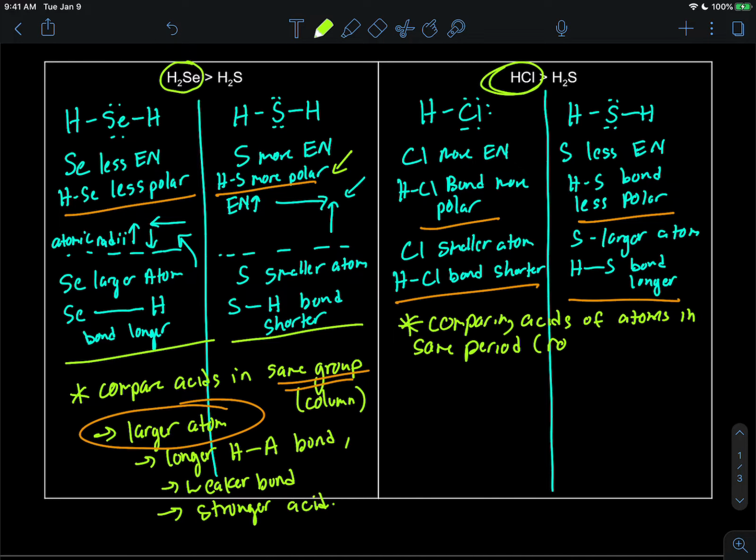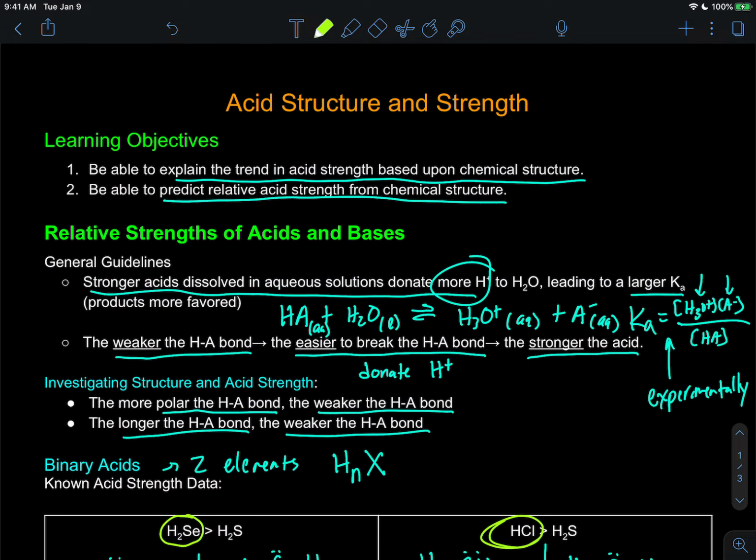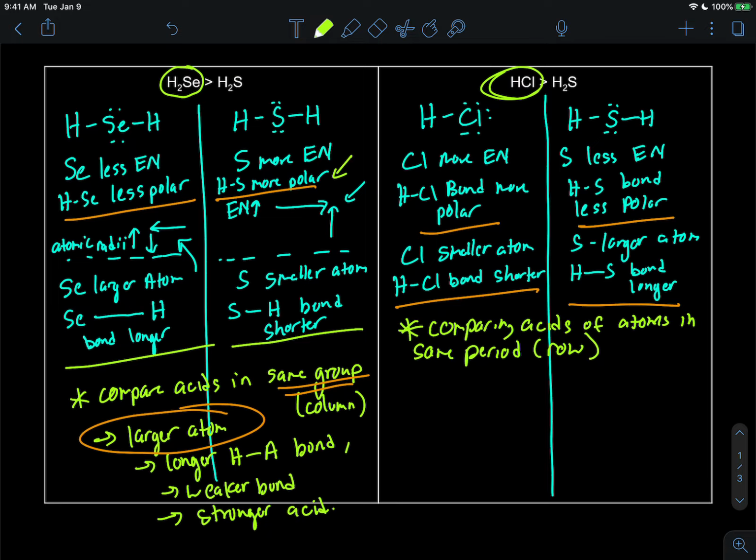So again, that is the same row of the periodic table. What we'll notice here is that what's most important when we're looking at the strength of this acid is the polarity of the bond, which is going to lead to a stronger acid.